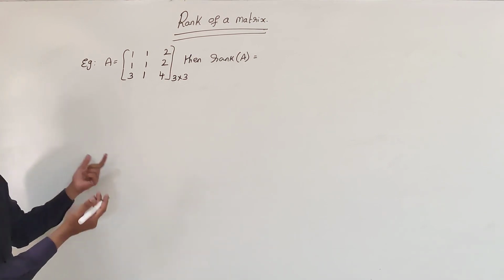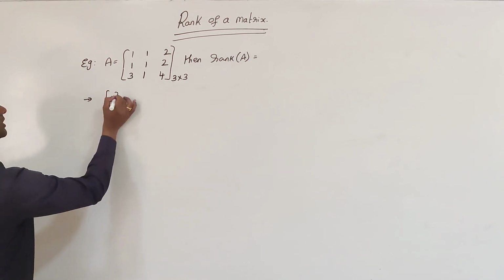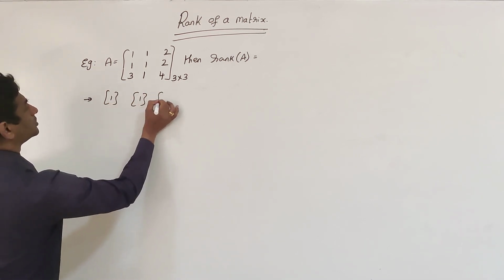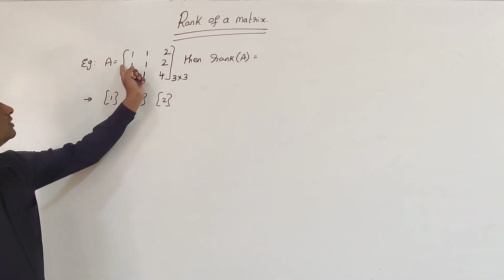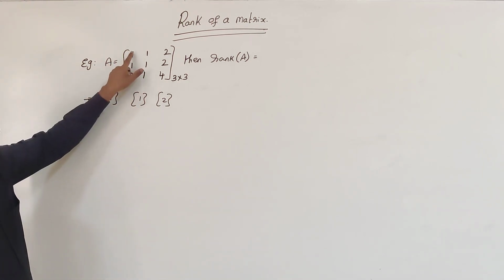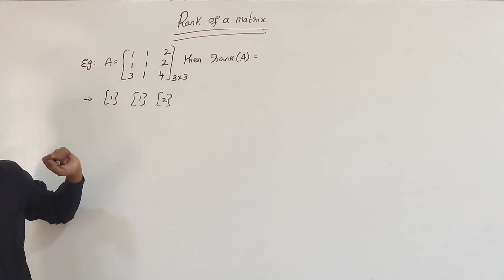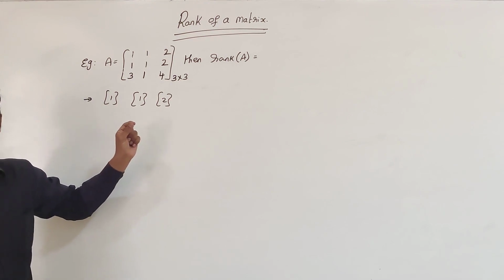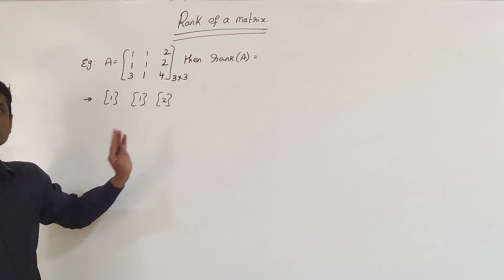So what are the submatrices of order 1? 1, 1, 2. By deleting rows 2 and 3 and columns, you get 1, and so on. Each and every element of a 3 by 3 matrix is a square submatrix.